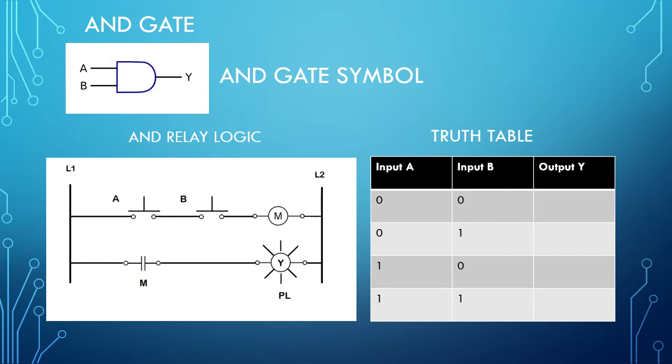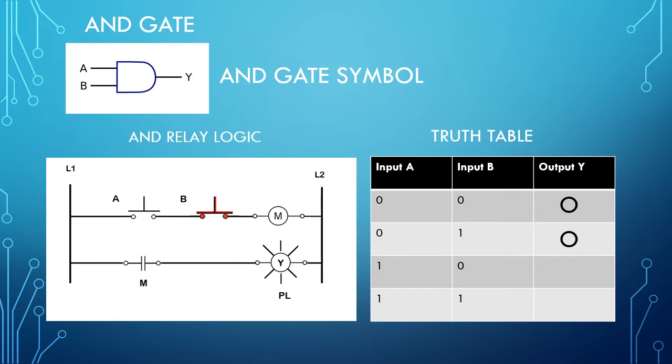So, if we carry on with this, right now I am not pressing button A, nor am I pressing button B. So, coil M is not energized. Therefore, contact M is not pulled in, and my light is not on. So A is false, B is false, therefore Y is false. If I should press button B, I still don't have a complete line on line 1.